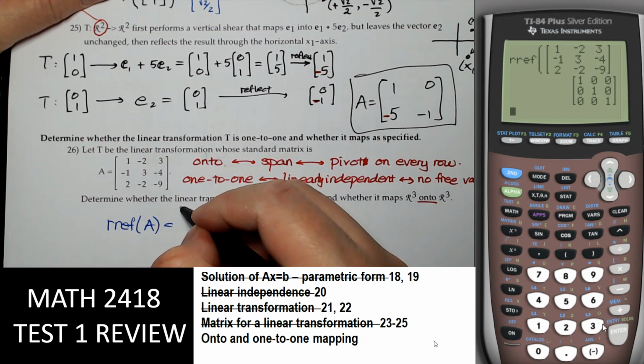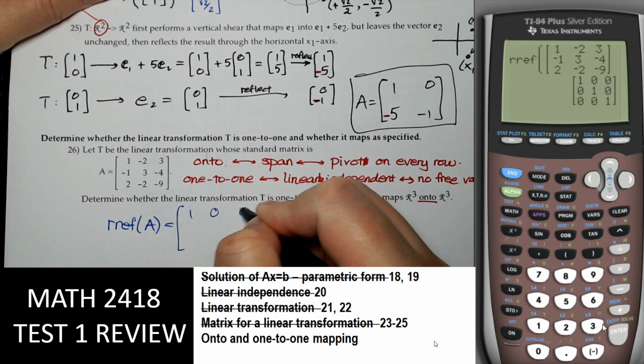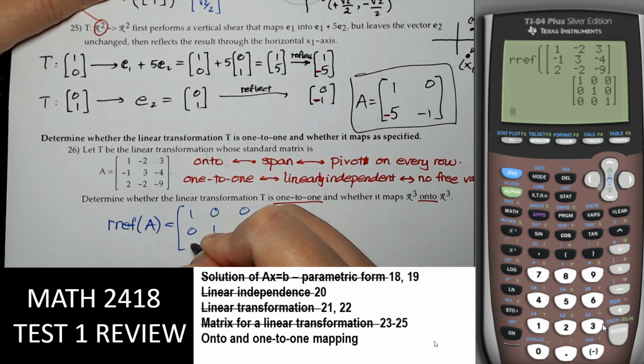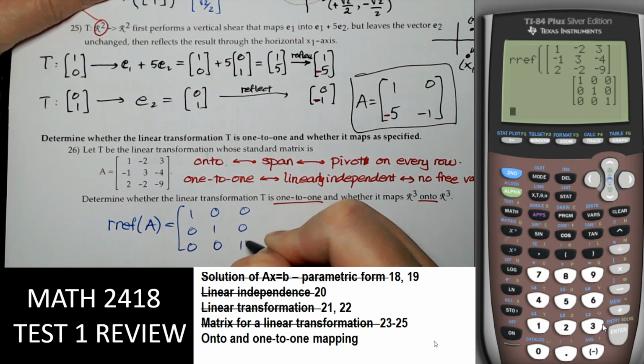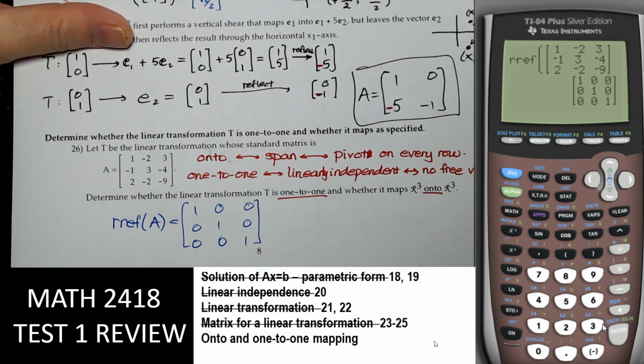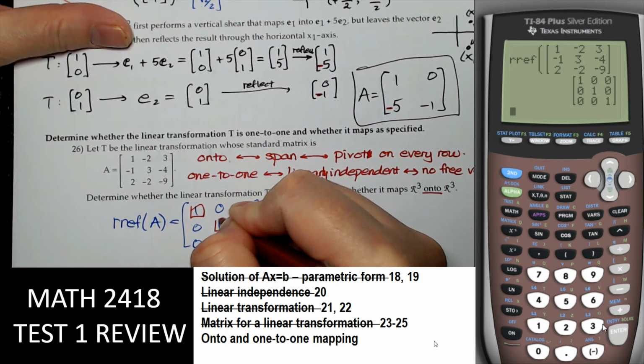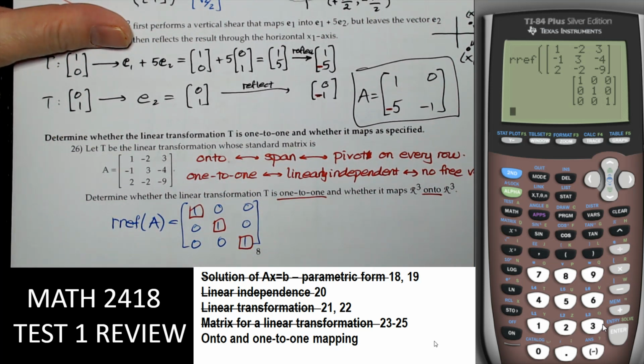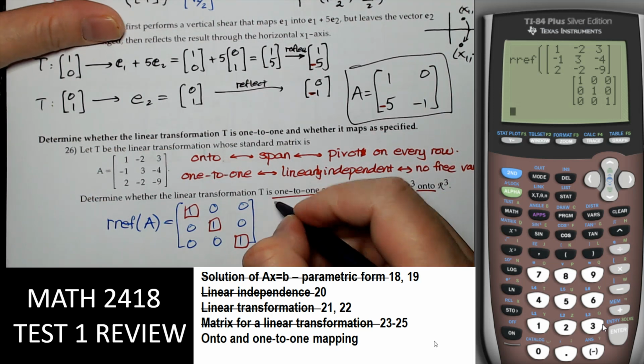Right, and we have this. First we see that these are the pivots. The first row has the pivot, the second row has the pivot, the third row has the pivot. So pivot on every row.